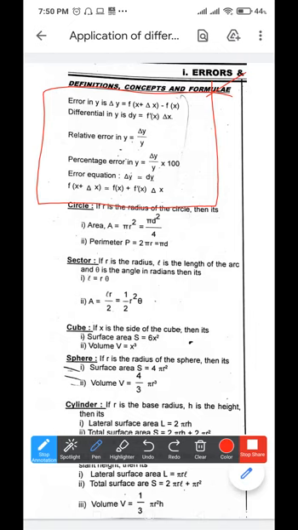Are you done writing these formulas? Norman and Shannon, I hope you're writing these formulas. Yes, sir.